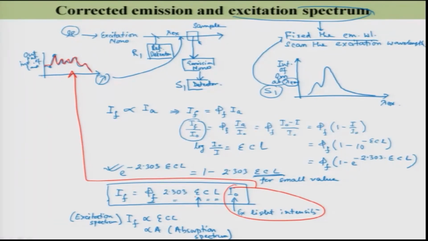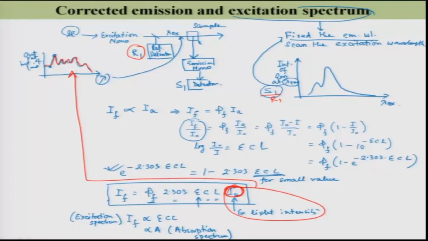So, what you have to do is use this reference detector. If you do S1 by R1, that means you are normalizing the observed intensity at the S1 detector with the reference intensity. That means you are somehow making this I0 remain constant just by taking S1 by R1. Please note that whenever you measure this excitation spectrum, this is important, because if the absorption and excitation spectra are the same, it means there is no structure change, no reaction taking place in the excited state.